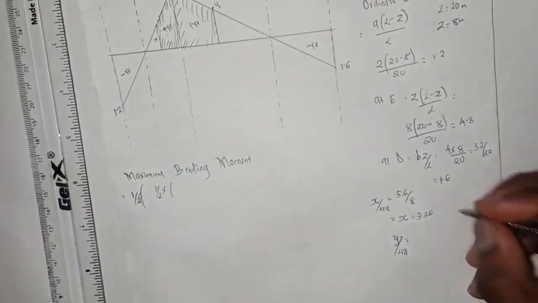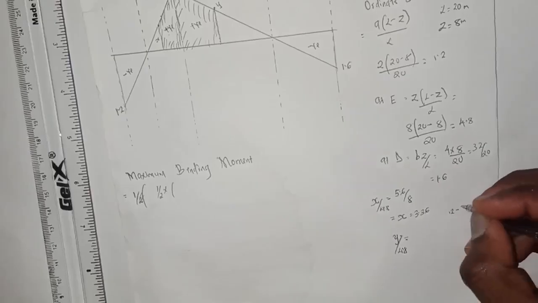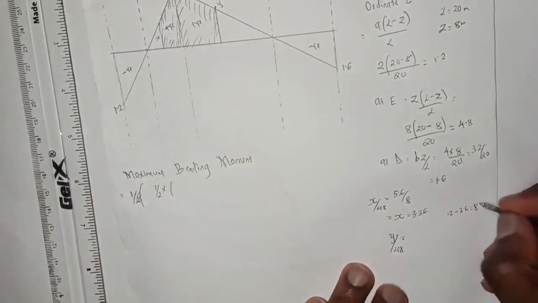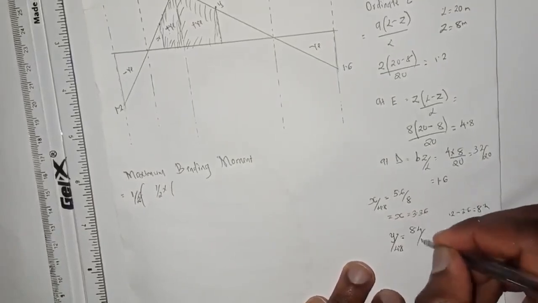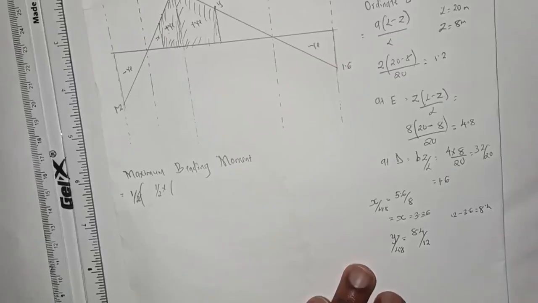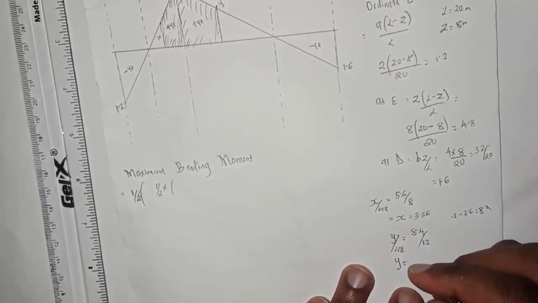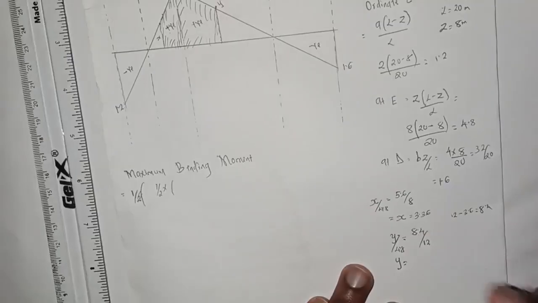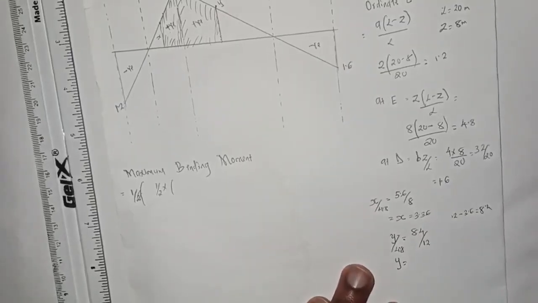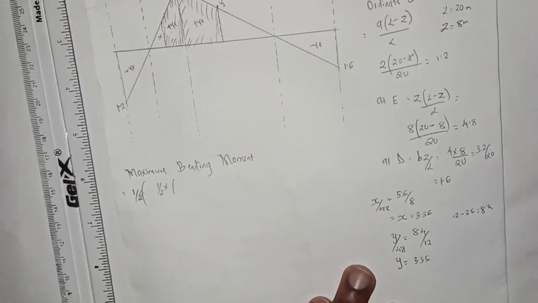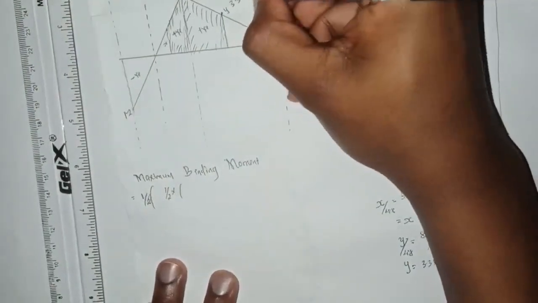So 12 minus 3.6 is 8.4, so it is 8.4 all over 12, and our y, when you key this into a calculator, it is 3.36. So this is 3.36.